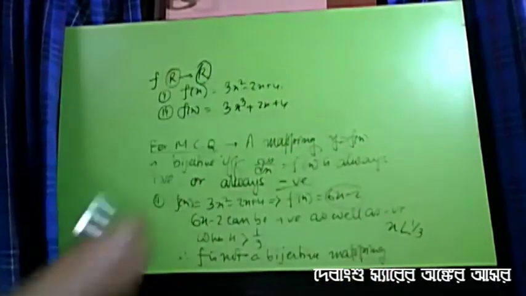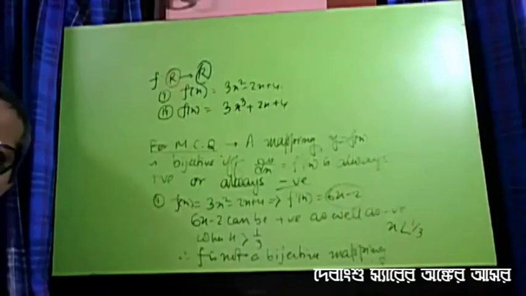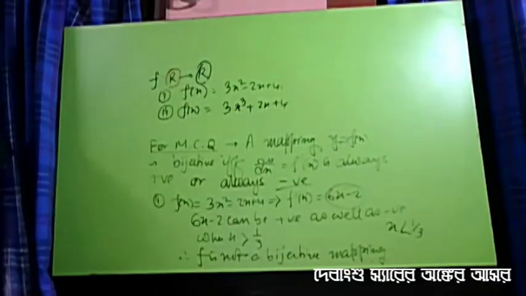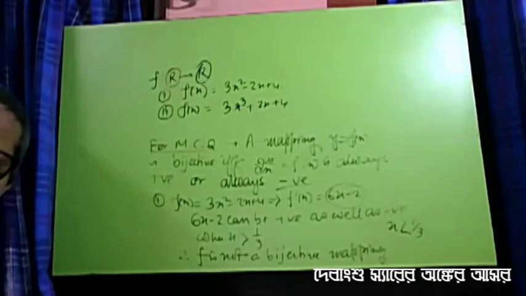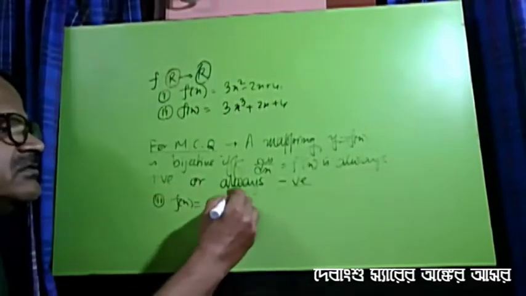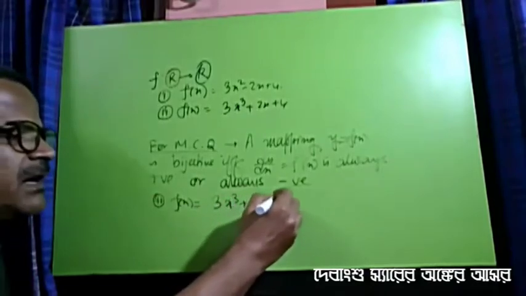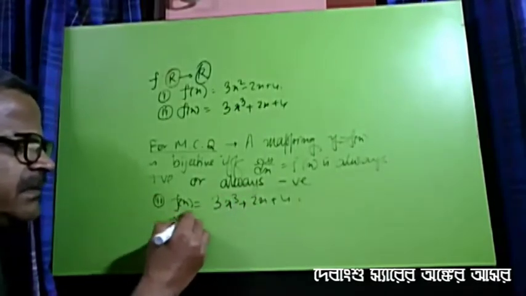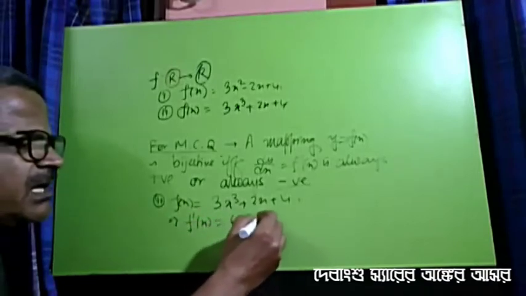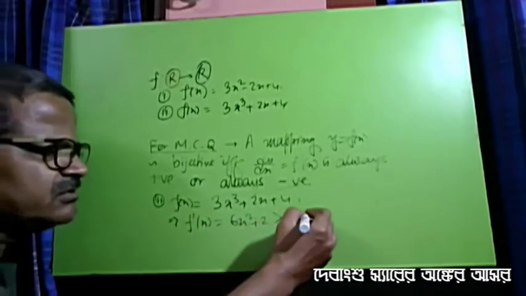খেয়াল করে দাও, এটা বাইজেক্টিভ বেরোয়নি, এটা 1-1 ও বেরোয়নি, onto ও বেরোয়নি। ক্লিয়ার? Next comes the second problem, that is 3x cube plus 2x plus 4. That implies f prime x is 6x square plus 2. See, this is greater than or equal to 2.